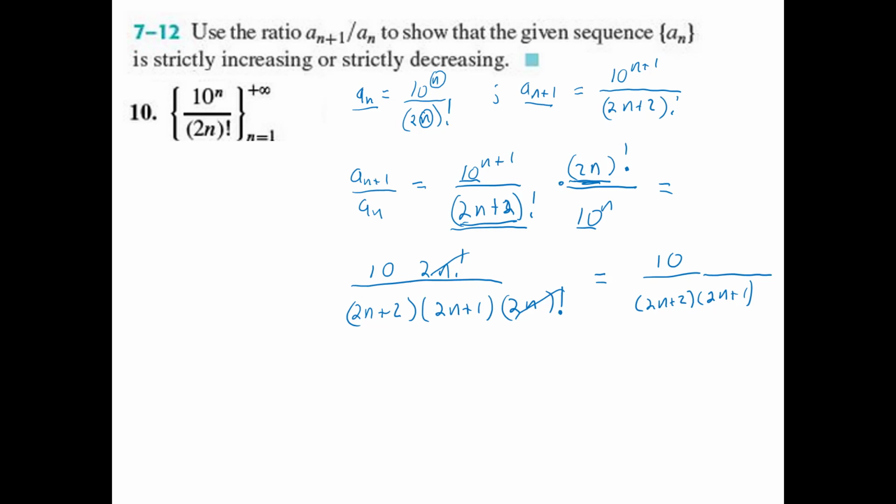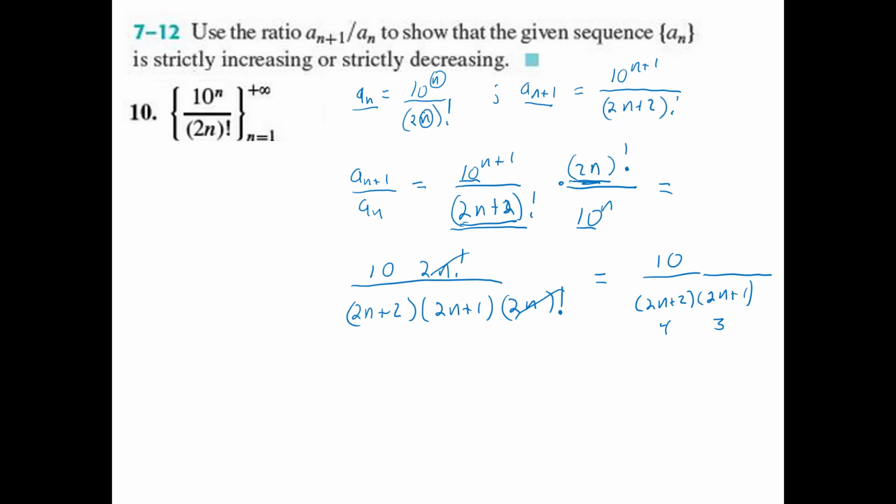Okay, but n starts at 1 and just gets bigger. So this expression just is getting bigger. At n equals 1, we get 2 plus 2, which is 4, and here we get 3. 4 times 3 is 12. And so then 12 is bigger than 10, so 10 over 12 is less than 1. And for n equals 2, 3, 4, these numbers just get bigger.